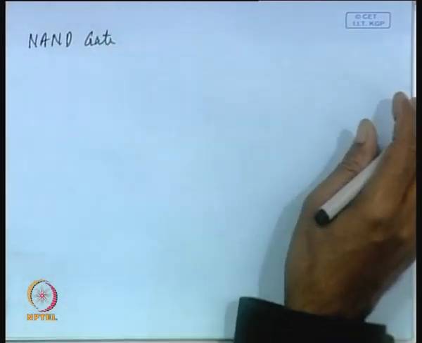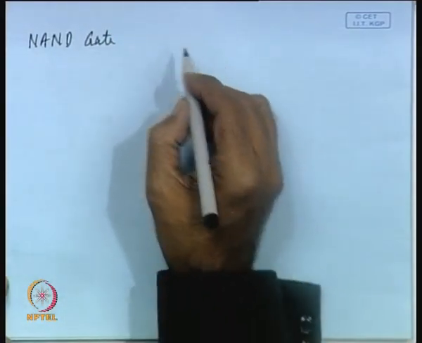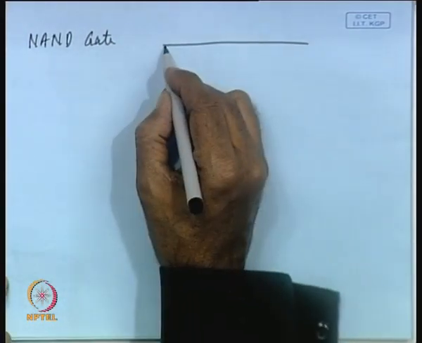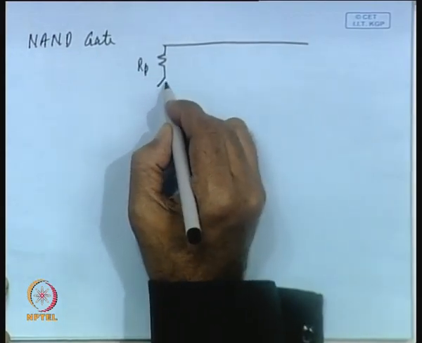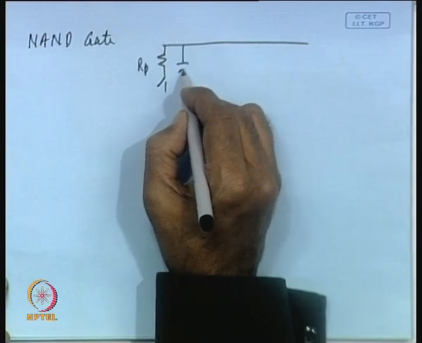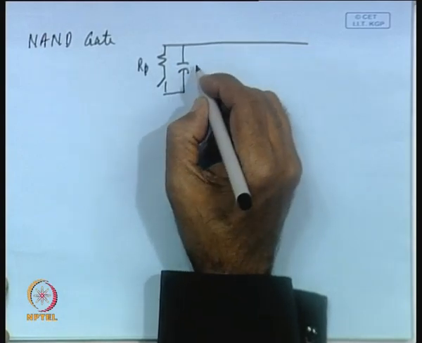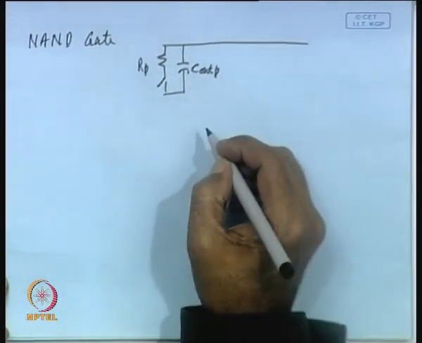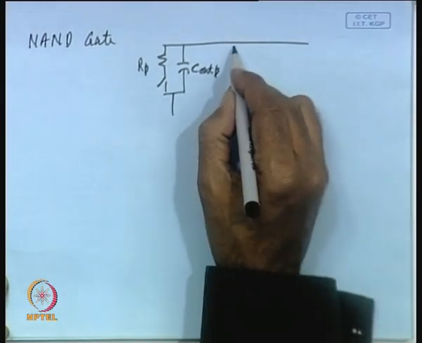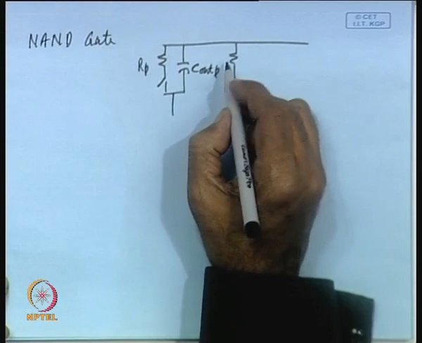There is RP and a switch and a capacitor, that is your C out P, and we have n such transistors.